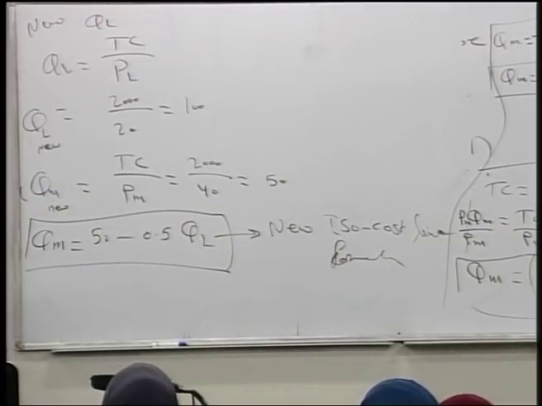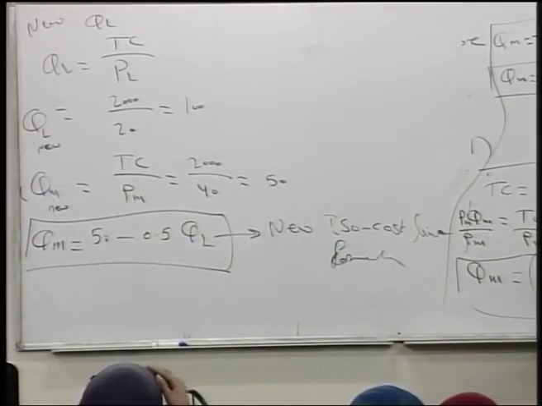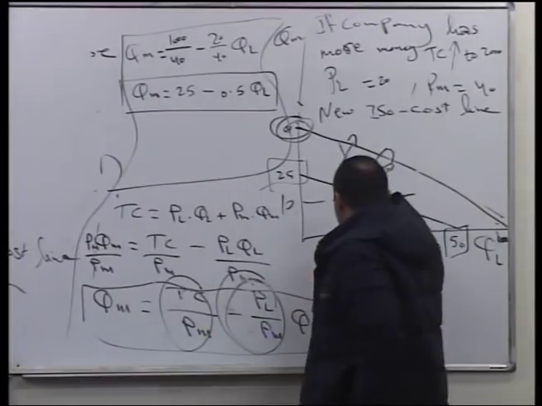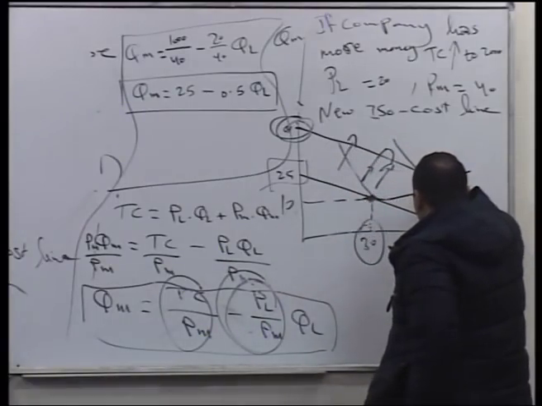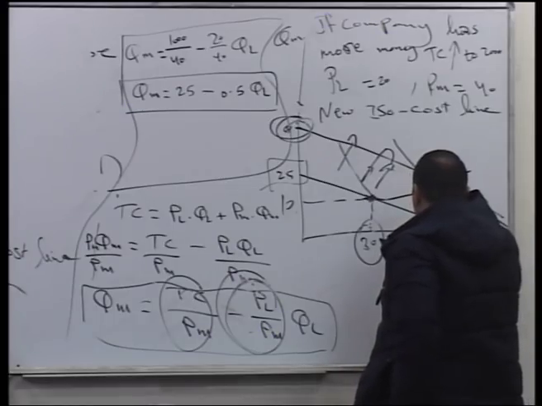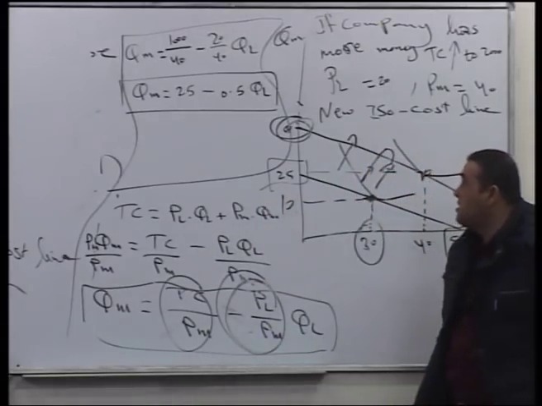Understood? Okay. This one says that the producer equilibrium, or the new equilibrium, occurs when the number of workers equals 40. How many units of Y, or machines, do we have?